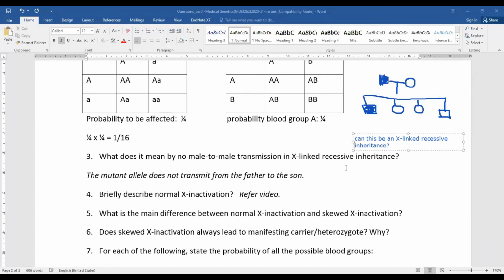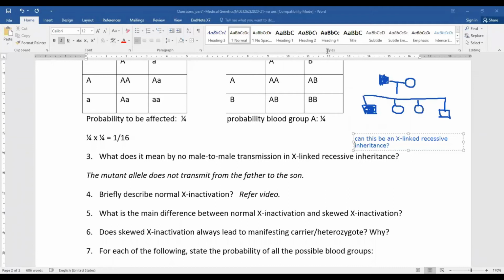We know that in X-linked recessive inheritance, there is no male-to-male transmission. So now I'm asking you, can this be X-linked recessive inheritance? You see the father affected and the son affected. Can this be X-linked recessive inheritance or not? Maybe the mother is a carrier. Exactly, right. Maybe the mother is a carrier.